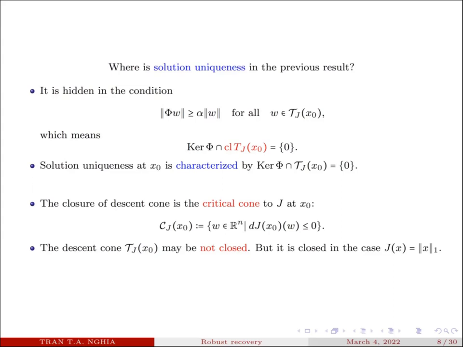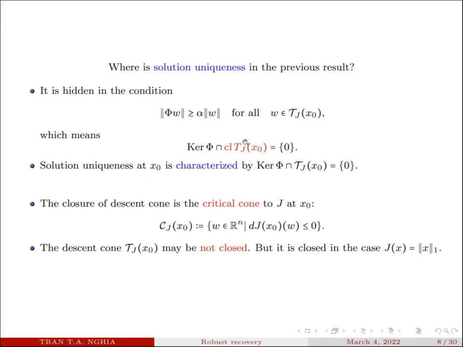And that is the reason why, for previous papers on the L1 norm optimization problem, they only need solution uniqueness. For some other norms, especially those not polyhedral, they need to have something more than solution uniqueness.